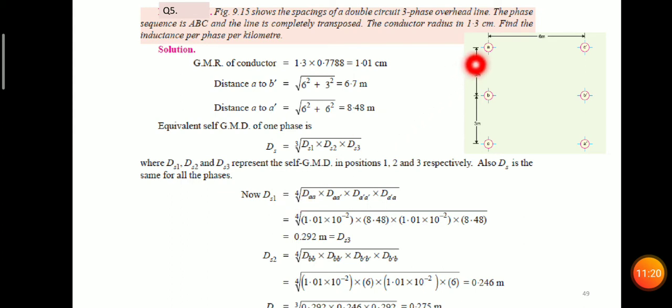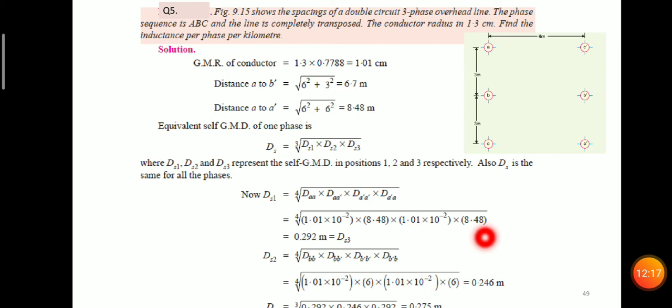So it is the fourth root of DAA into DAA dash into DA dash A dash into DA dash A. DAA is itself the GMR, 1.01 centimeter, that is 1.01 into 10 raised to minus 2 meter. DAA dash is 8.48 meter as we found out. DA dash A dash is also the GMR, 1.01 into 10 raised to minus 2, and DA dash A is the same 8.48.